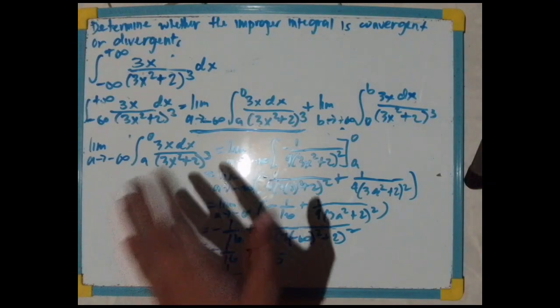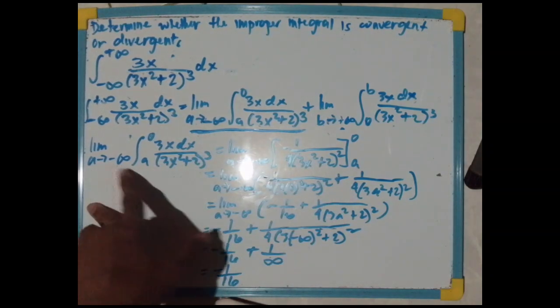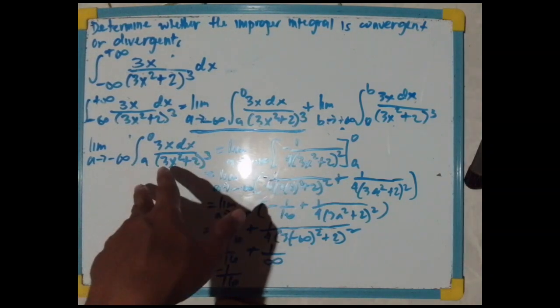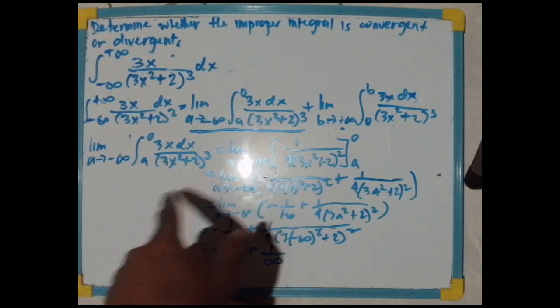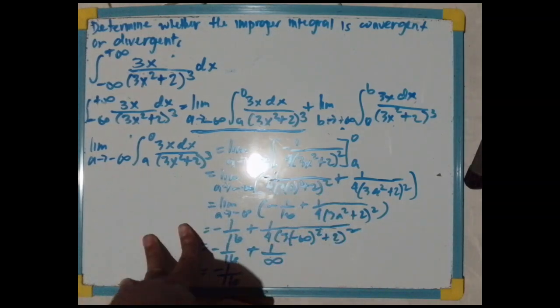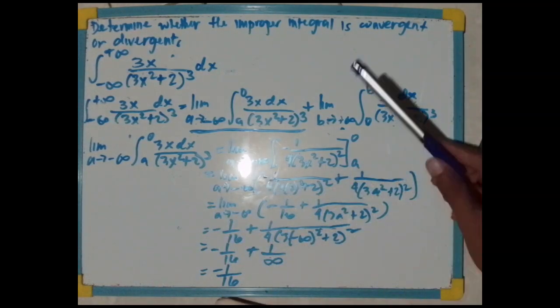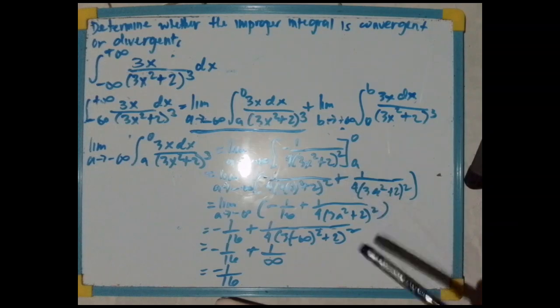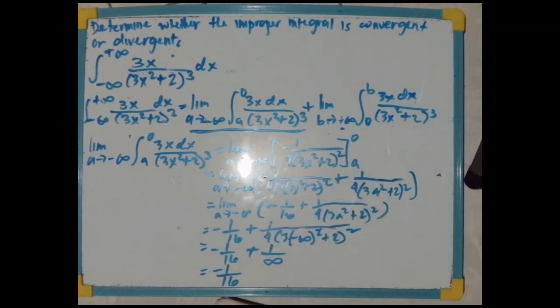Now let us evaluate the first part. So we have the limit of the integral from a to 0 of 3x divided by the quantity of 3x squared plus 2 raised to the power of 3 with respect to x as a approaches negative infinity, which is equal to the limit of the definite integral from a to 0 of negative 1 over 4 times the quantity of 3x squared plus 2 raised to the power of 2 as a approaches negative infinity.